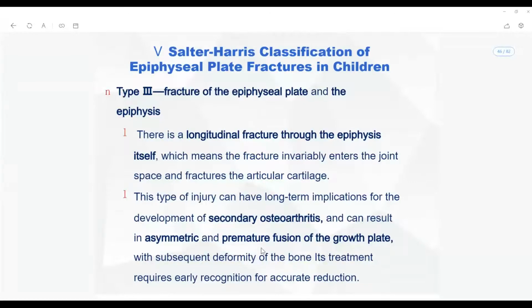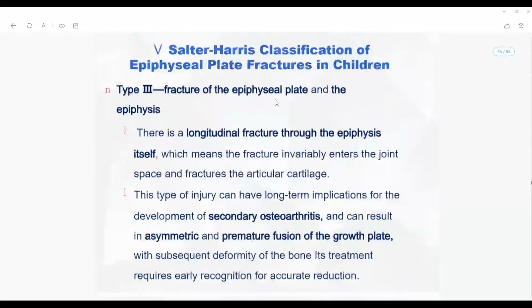Premature fusion happens because all of the part of the epiphysis was separate, and a little part is fused together. That will lead to asymmetry and subsequent deformity, and premature fusion will lead to osteoarthritis. So both are causing a combined feature together in Salter-Harris type 3 fractures.